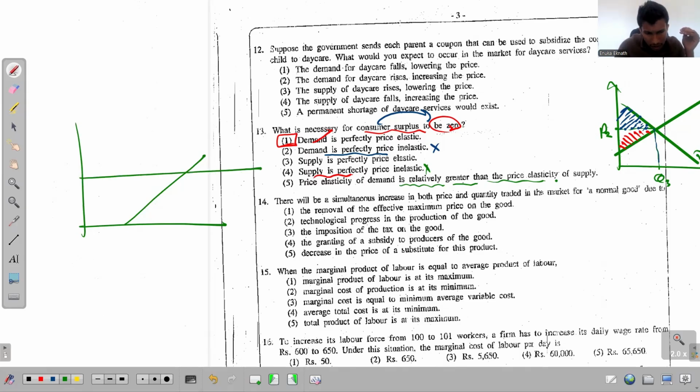Then if we draw it like this, it's a nearly perfectly elastic demand curve, but the slope is a little bit less, flat but not perfectly flat. If we draw it that way, what happens? You get this triangle, this smaller region to be the consumer surplus. The consumer surplus is visible, which means the consumer surplus is not zero, and that's why you can't take this one to be the answer. So the answer for this question number 13 is the first one.